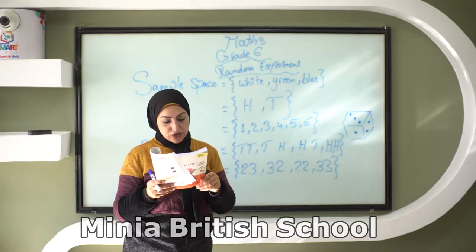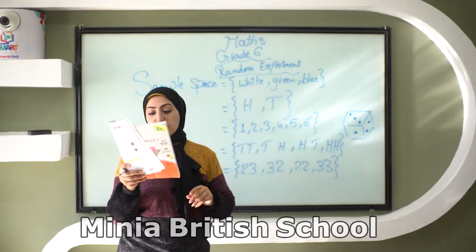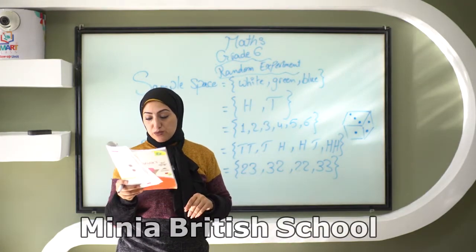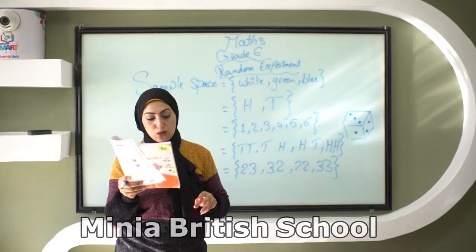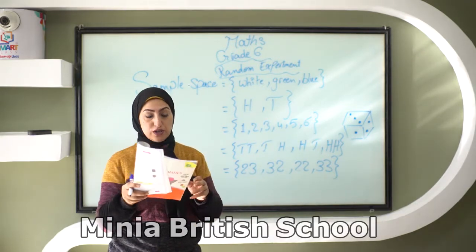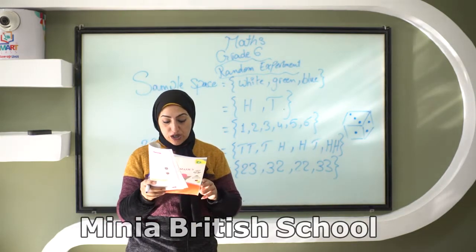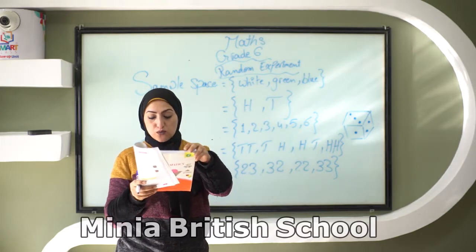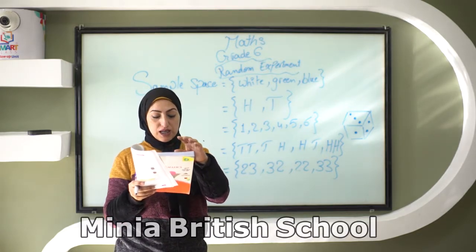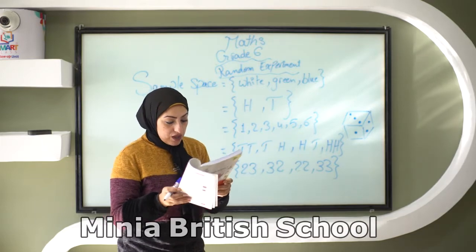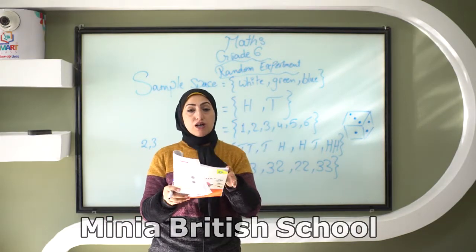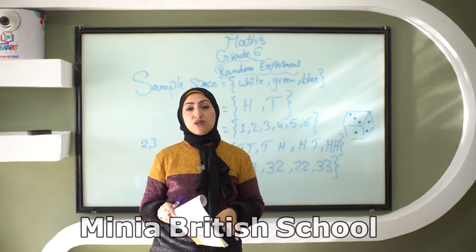Number 5: in the experiment of selecting a ball from a box containing 3 red balls and 4 yellow balls, all of them equal in volume, observing the color of the selected ball, write the sample space. Here I don't care about the numbers.